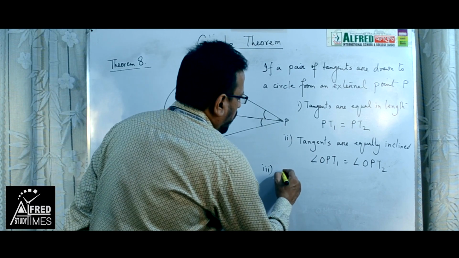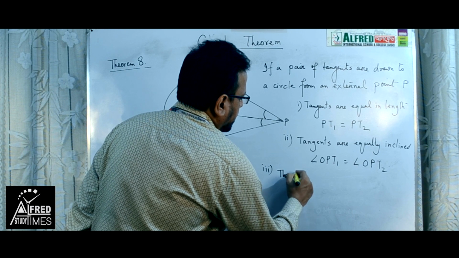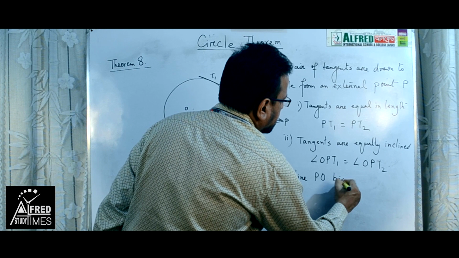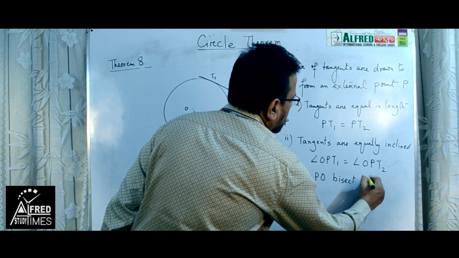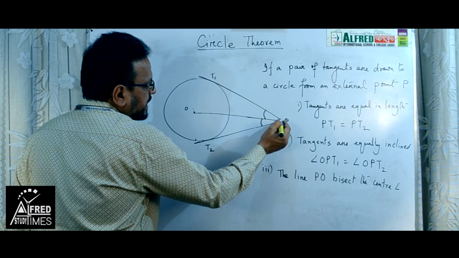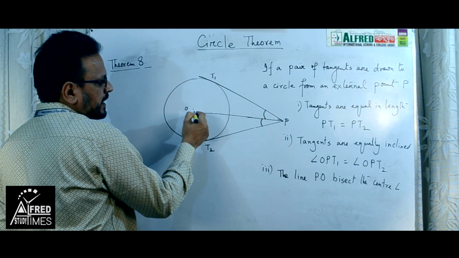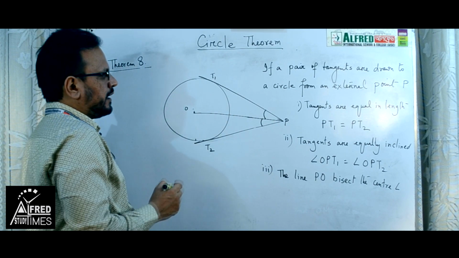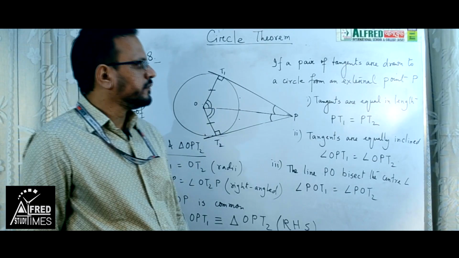The line PO bisects the center angle. Now PO is the line from the external point to the center, and that line bisects this angle.